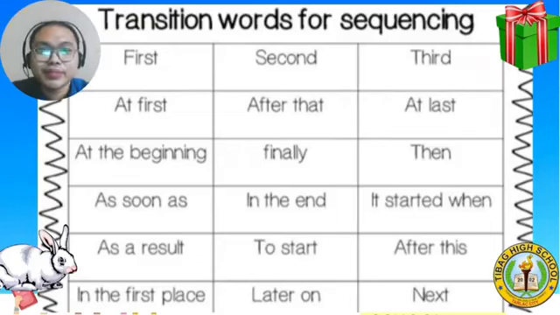So we have the following: first, second, third, at first, after that, at last, at the beginning, finally, then, as soon as, in the end, it started when, as a result, to start, after this, in the first place, later on, next.